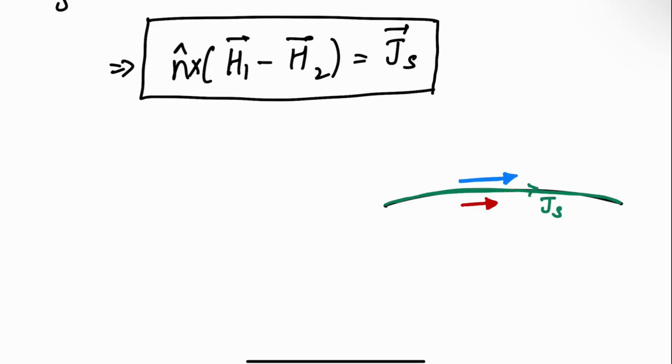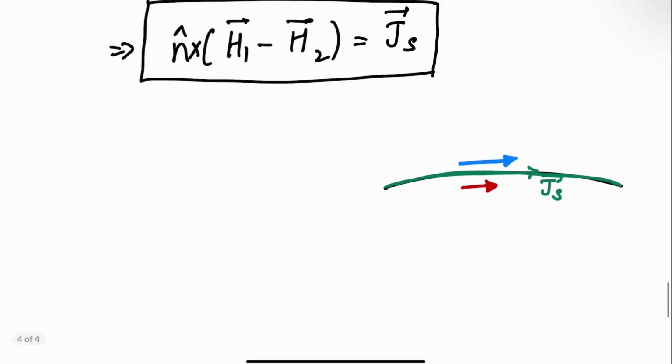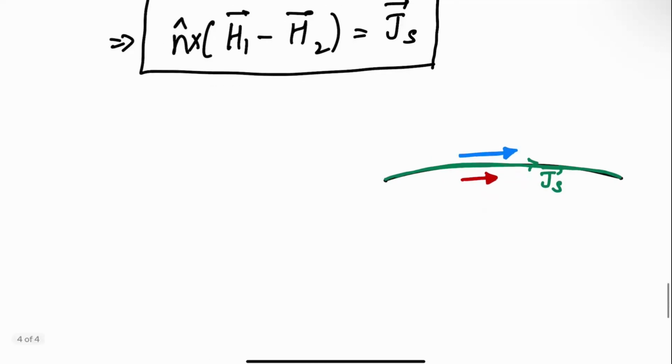And that surface current exactly would be the difference between these two magnetic fields. Hopefully that makes somewhat intuitive sense.